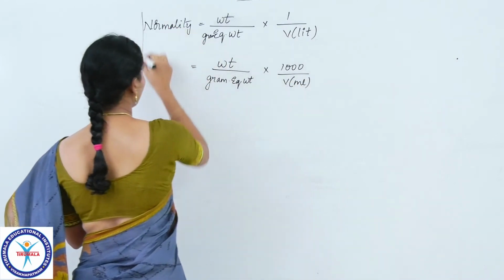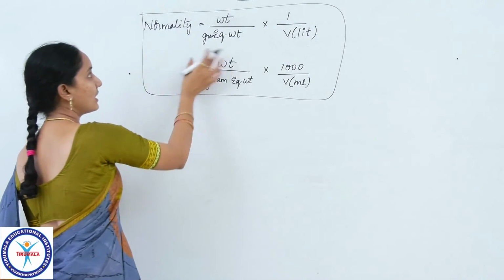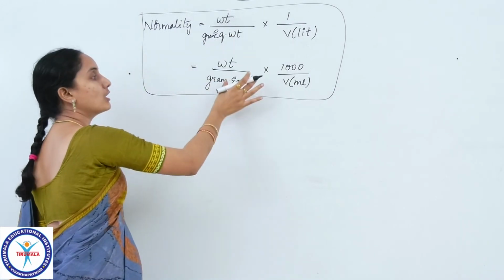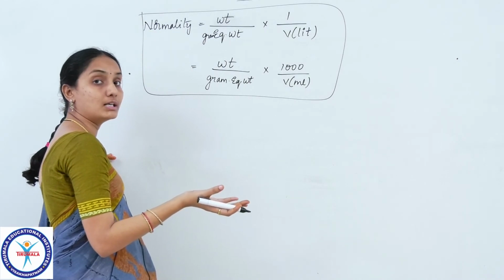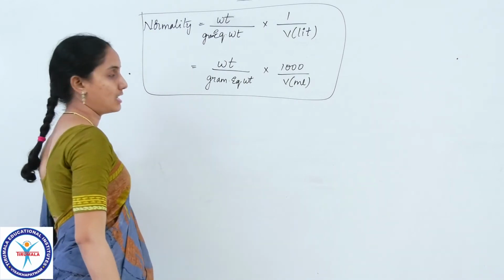Similar to molarity only, children, but instead of molar mass or molar weight, you will take gram equivalent weight. That is what we have learned till now, how to calculate this gram equivalent weight.